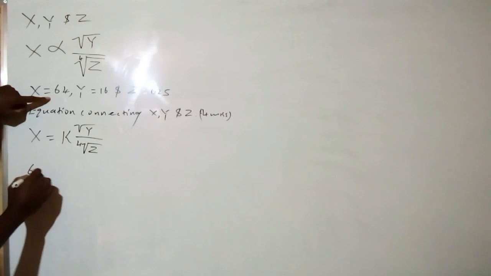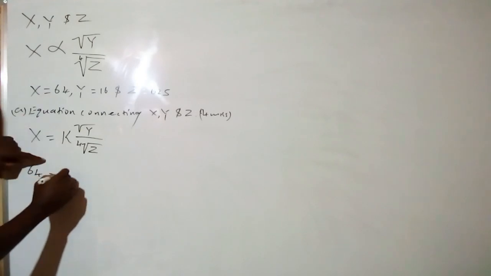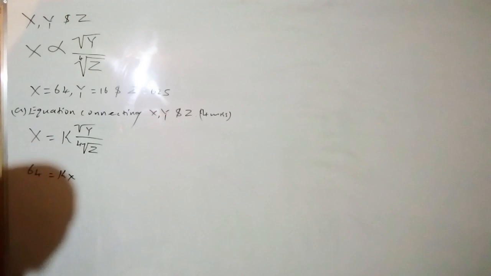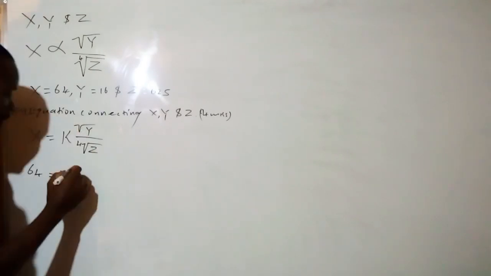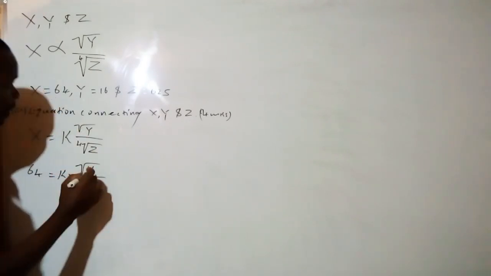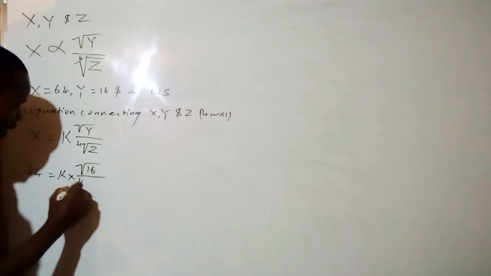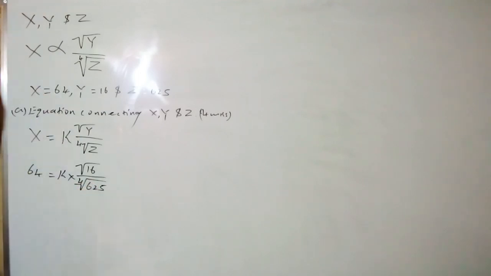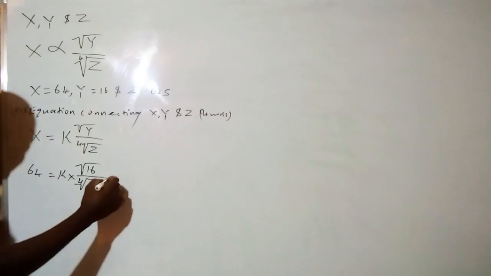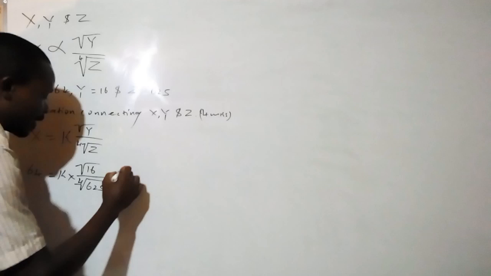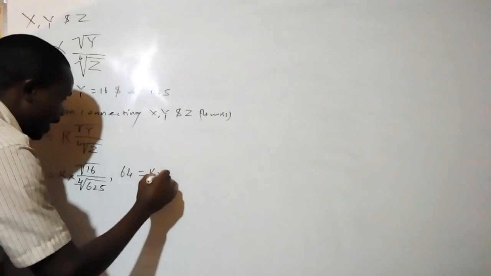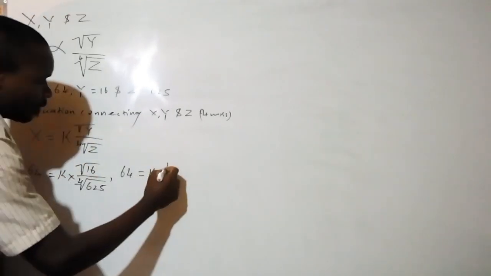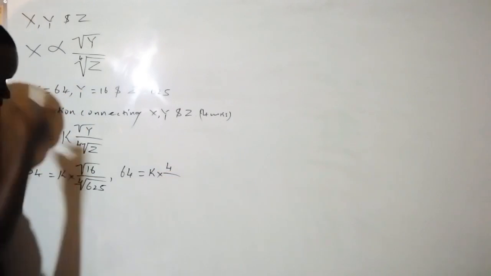K we don't know, times the square root of 16, which is 4, and the 4th root of 625. We say 64 is equal to k times the square root of 16, it's 4. The 4th root of 625 is supposed to be 5.